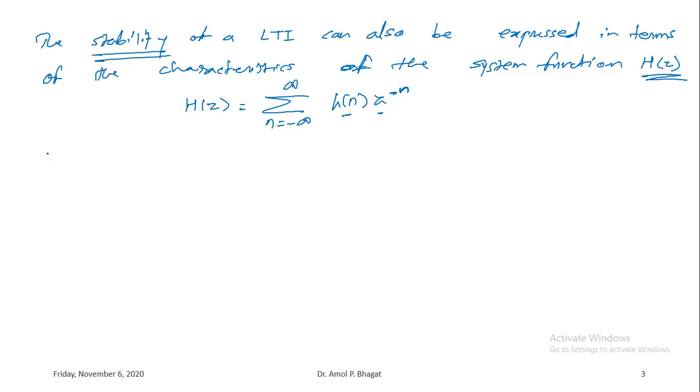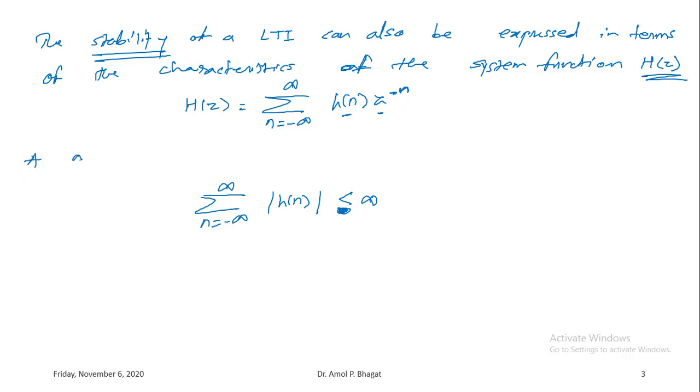As we have seen already, a necessary and sufficient condition for a LTI system to be bounded input, bounded output stable is that h of n, that is the impulse response, should be absolutely summable, or it should be finite, right? So the sum should be less than infinity. Okay, so it should be absolutely summable, correct? This thing we already discussed when we discussed the stability of LTI system in terms of impulse response.